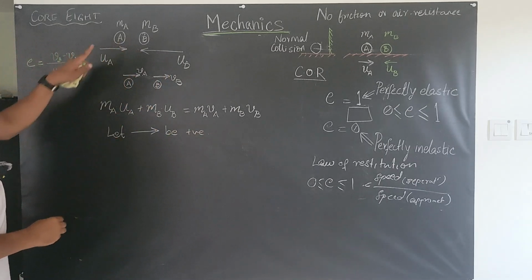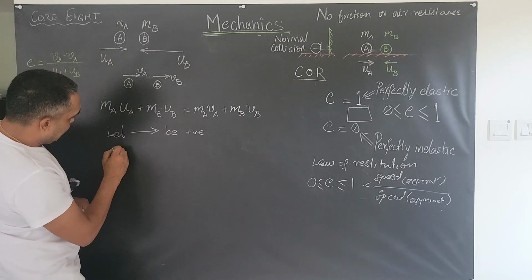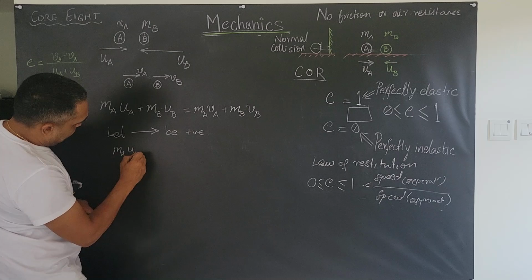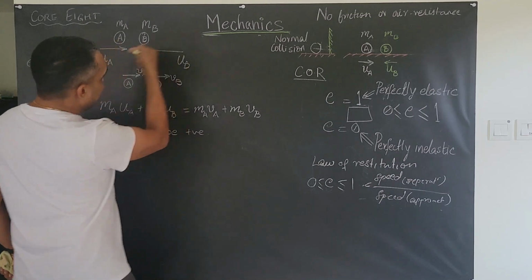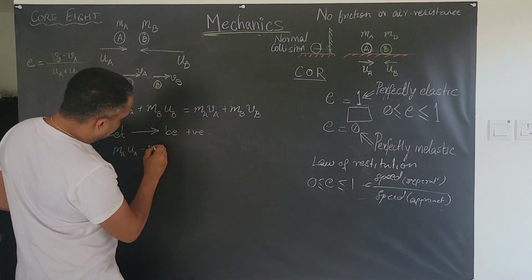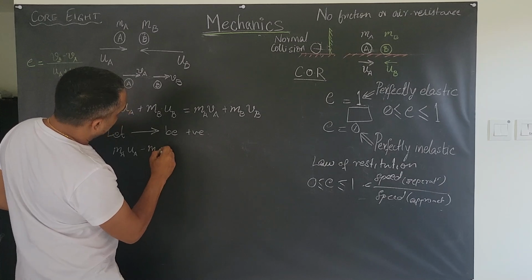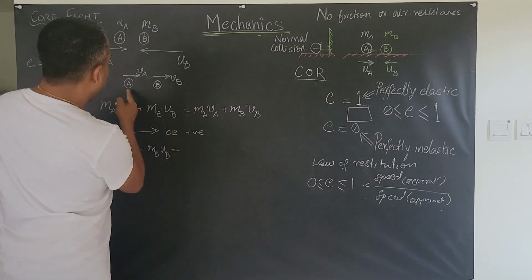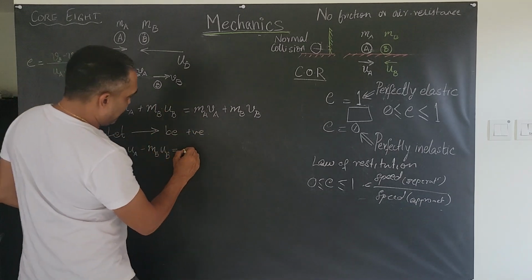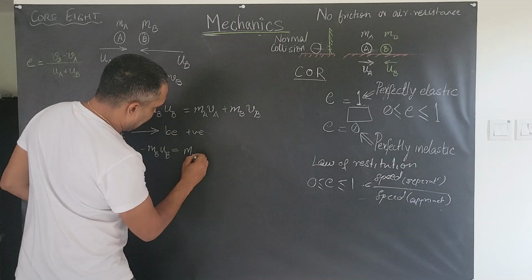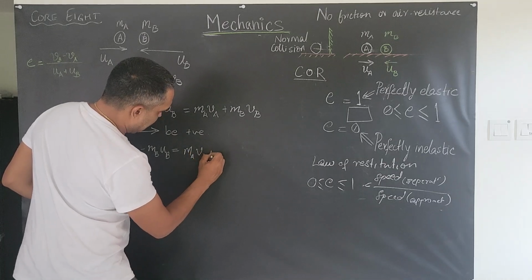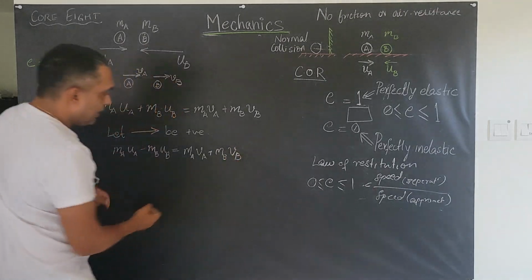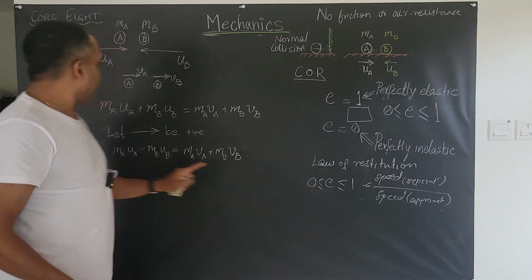Then when you fix this in here, you should be able to get MA UA. UB is in the opposite direction, so it'll be minus MB UB is equal to VA, VB, all in the same direction. So this equation would be MA VA plus MB VB. That gives you the second relationship.